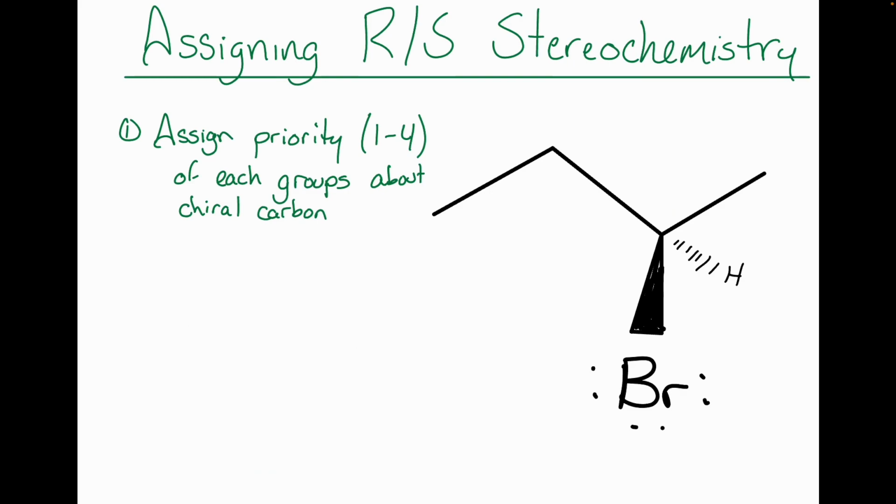What is priority based on? Not electronegativity. For example, iodine would be way higher priority than carbon. Not size, strictly speaking. Number of protons, atomic number. Just simply the tile on the periodic table. That is how you decide priority.